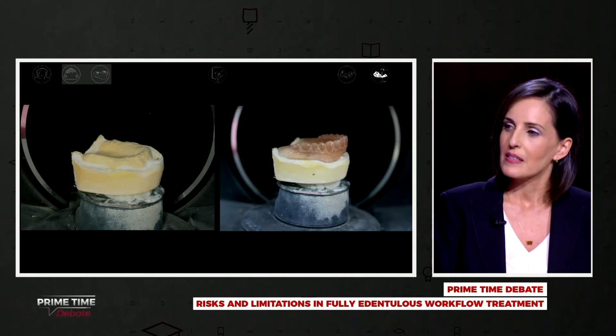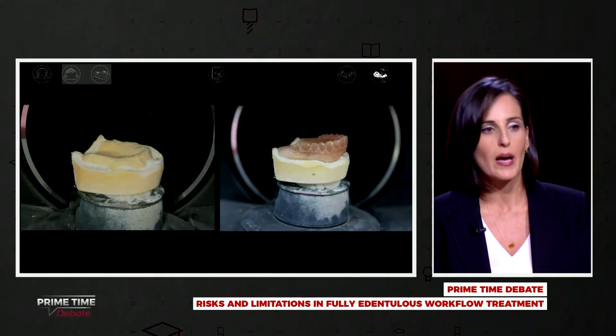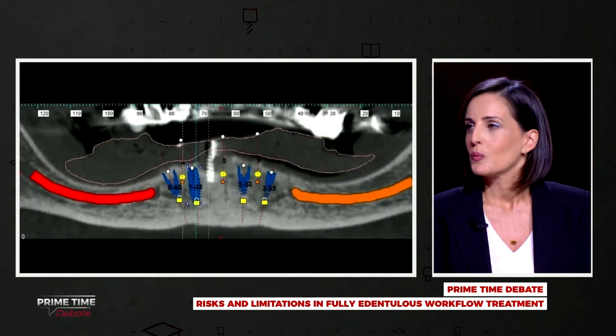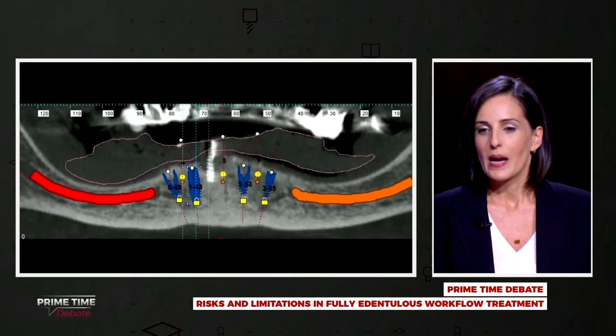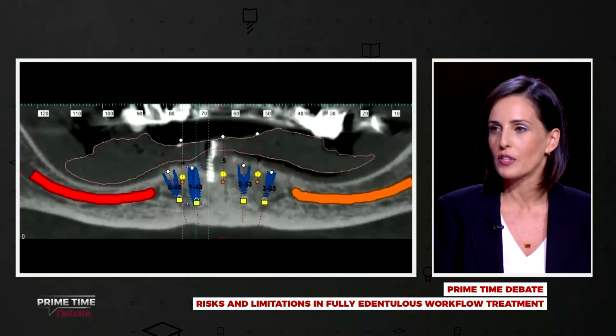But there's another important aspect that we need to keep in mind. When we are using the denture as a wax-up and we send the patient to get a CT scan with the denture, sometimes these dentures are rocking and are not closely sitting on the soft tissues.